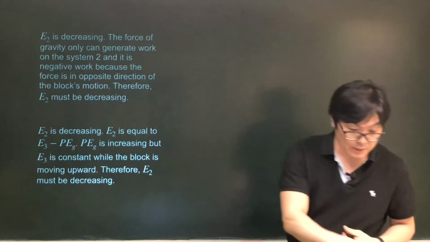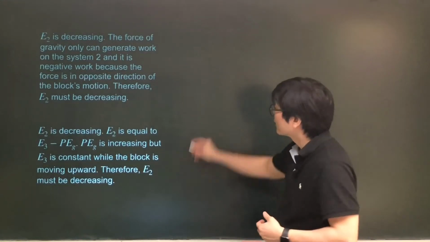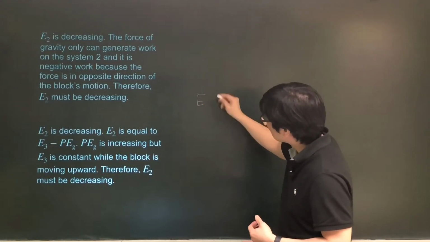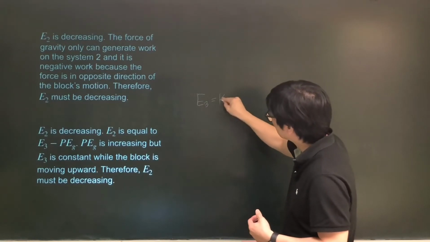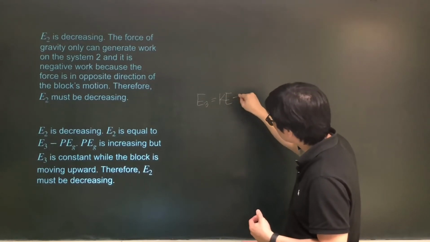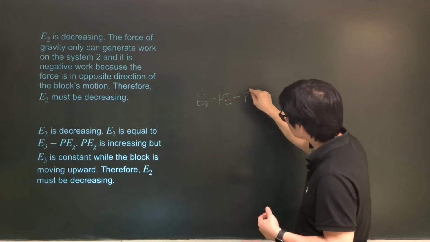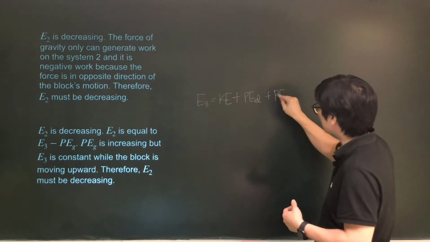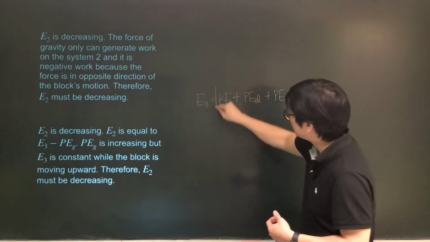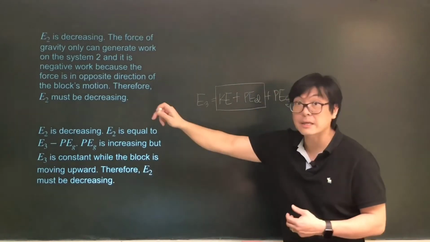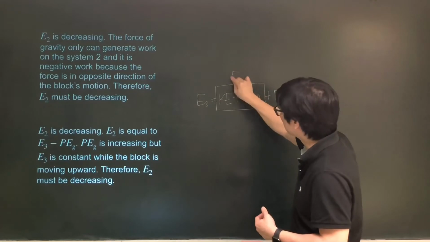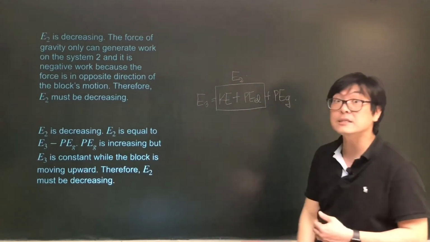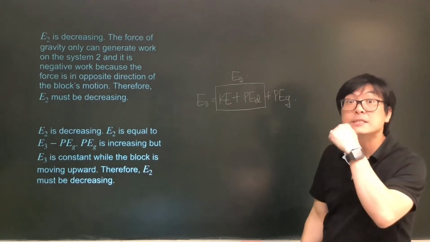If I write this down here, E3 is equal to the kinetic energy of the block and the elastic potential energy of the spring and the gravitational potential energy as well. And these first two are the total mechanical energy E2 of system 2, because in system 2 we have the block and spring only.